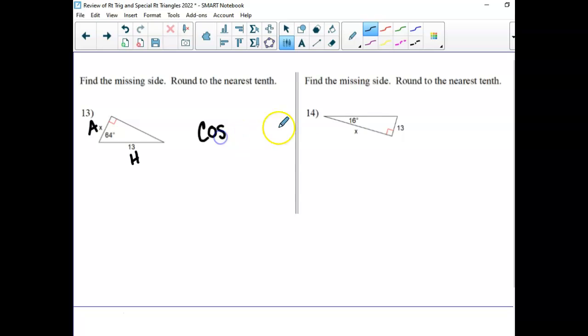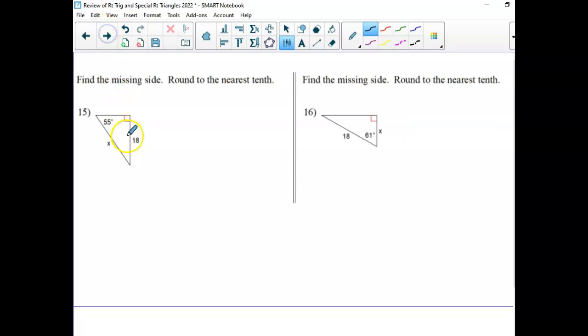This would be a cosine. What about this guy? Opposite and adjacent would be a tangent. This one, 15 is a hypotenuse, this is opposite, so would be sine. And what about this guy?